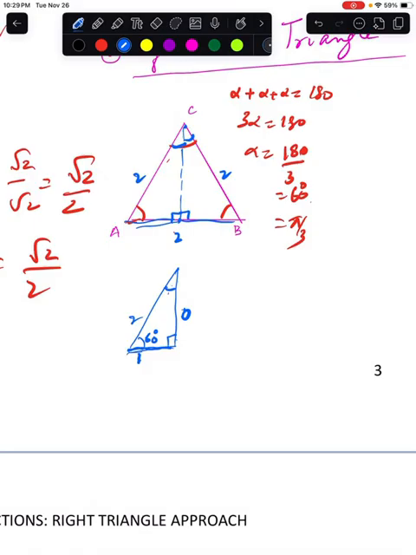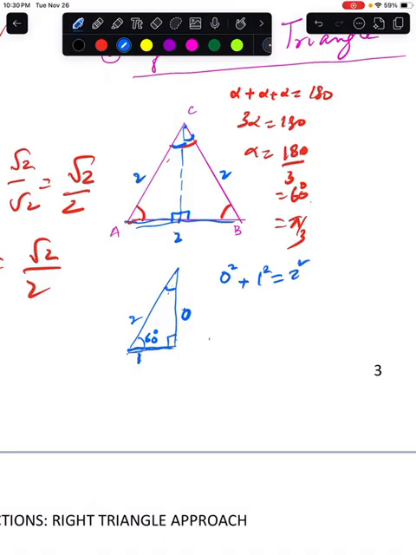Well, I use the Pythagorean theorem. So O squared plus 1 squared is equal to 2 squared.